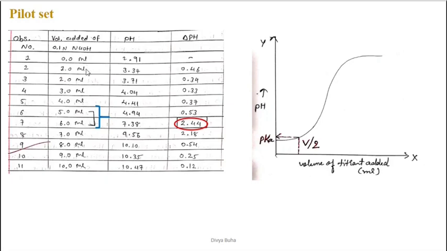Then you have to add 1 ml of 0.1 normal NaOH, and during the entire course of the titration you have to find out the pH values. Even you need to find out the delta pH, which is the difference in the pH values. Then you have to observe delta pH carefully, and you have to see where the maximum difference has been obtained in the pH values.